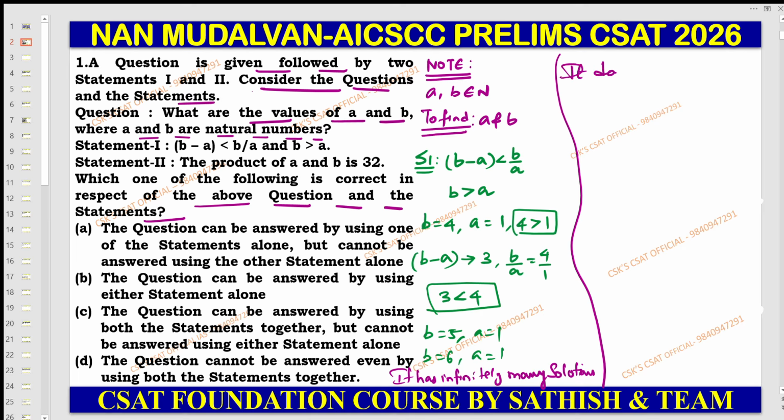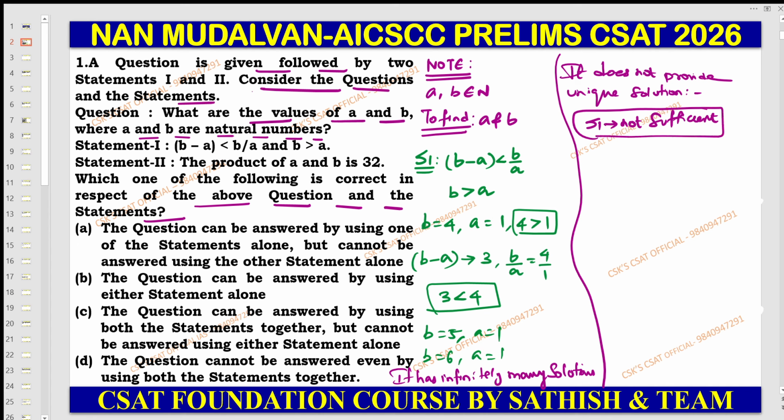So you can't say the values of a and b. Therefore, statement number 1 is not sufficient.